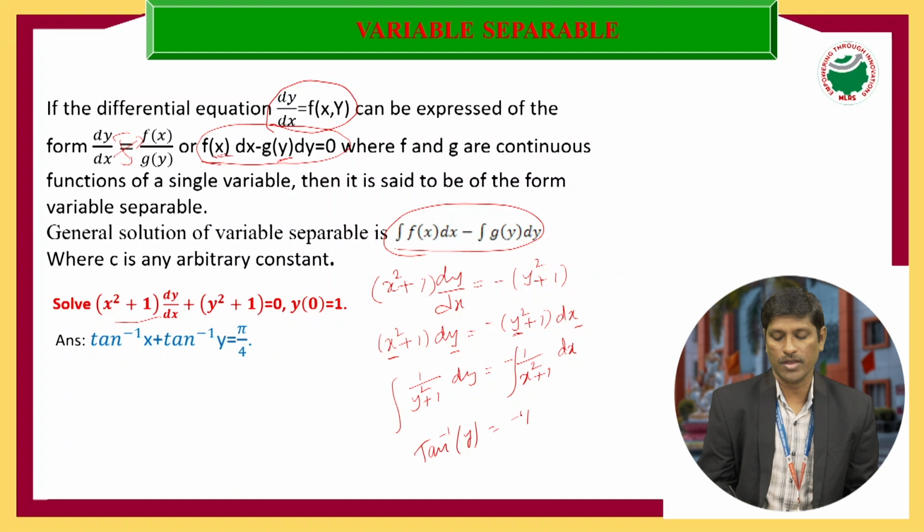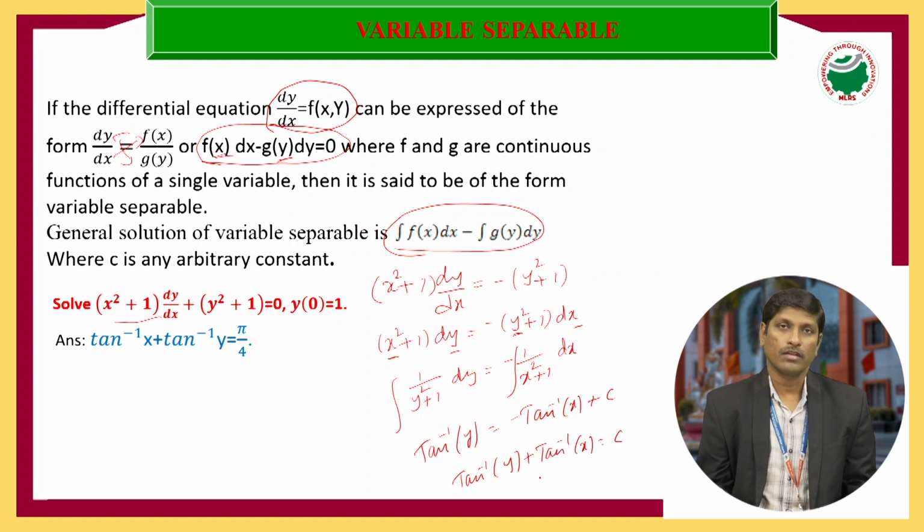So this is equal to minus tan inverse of x. What do you need to write? An arbitrary constant, if you are saying the general solution. Next, take this term to this side: tan inverse y plus tan inverse x is equal to c. Here it is minus, when it comes to this side it changes to plus.